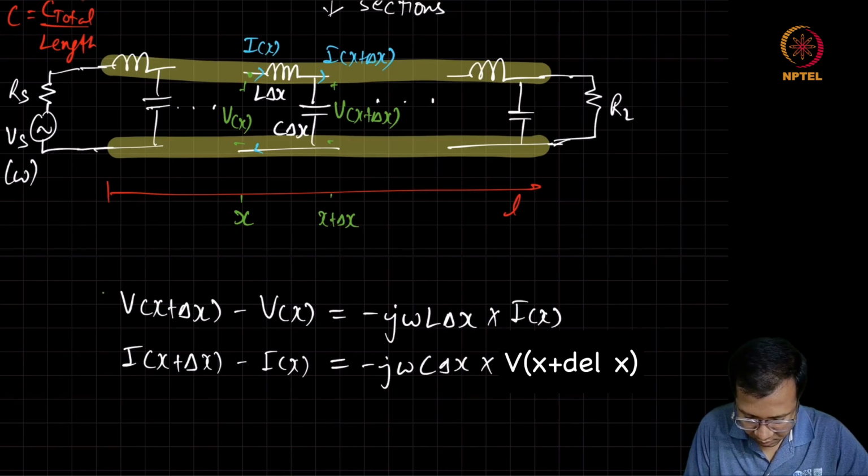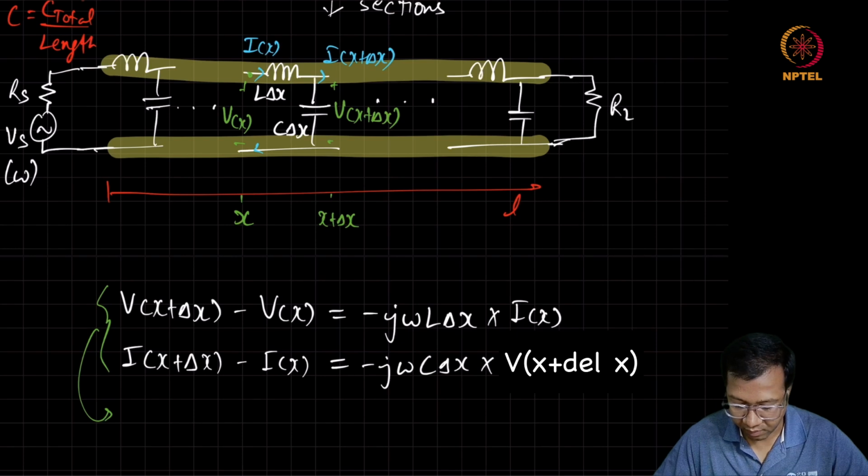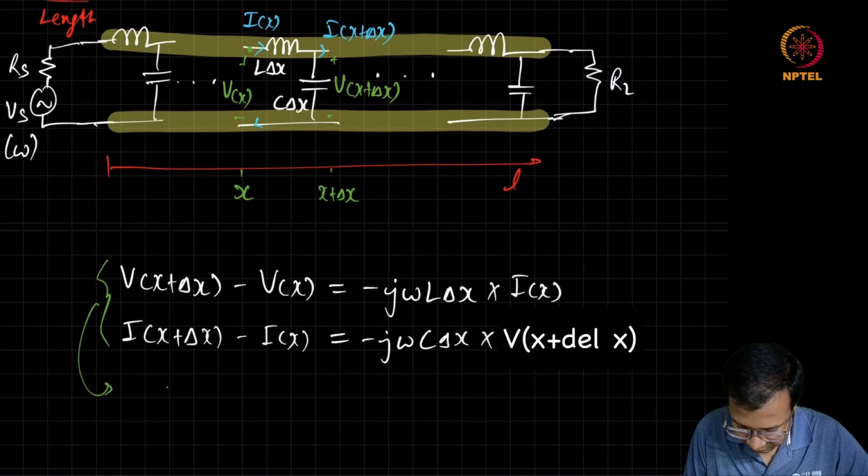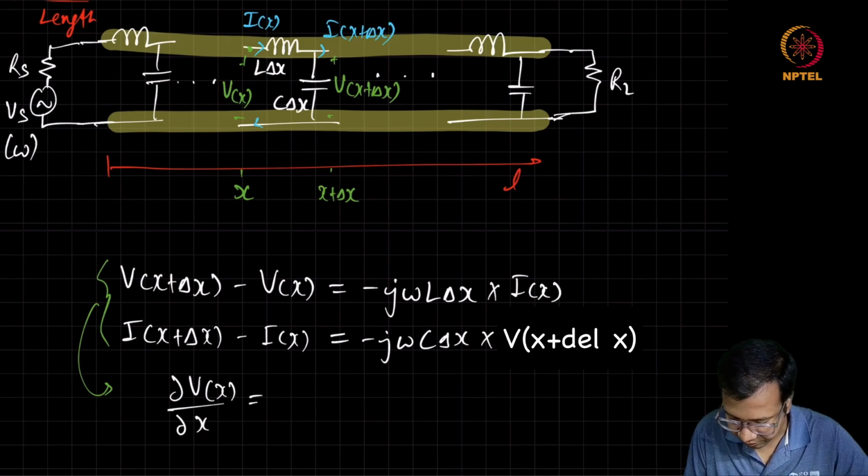So we can apply basic concepts of calculus and we get dou V by dou x as minus j omega L into I of x.